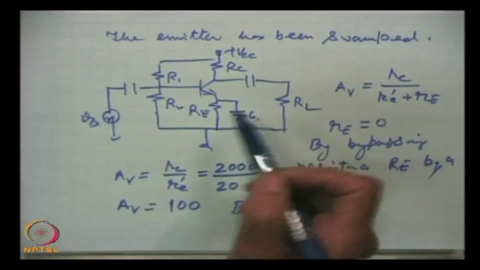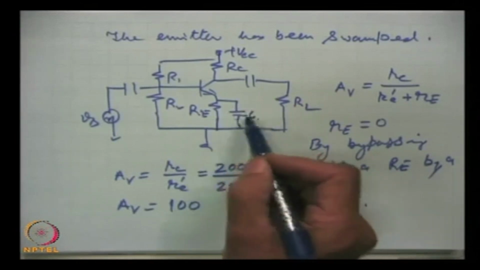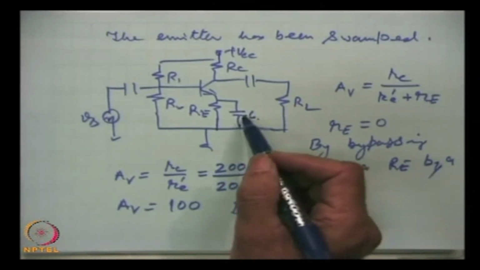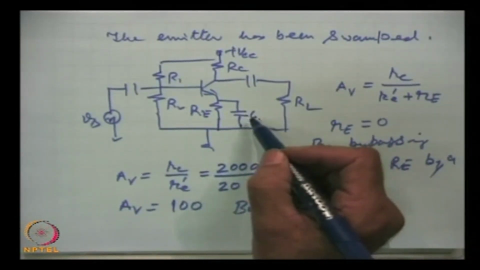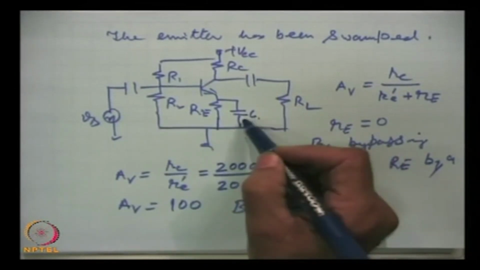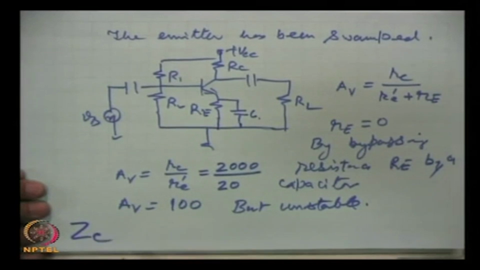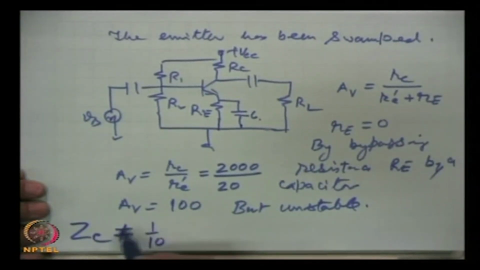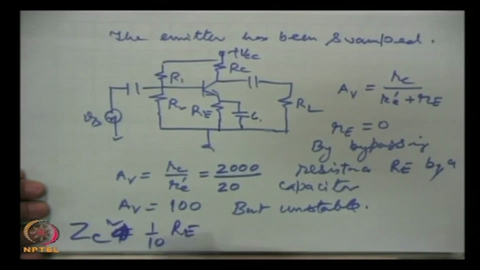Now, how low the impedance should be, or in other words how high the capacitance should be. The thumb rule is that the impedance ZC at the lowest signal frequency should be approximately 1/10 of Re. This is the thumb rule.